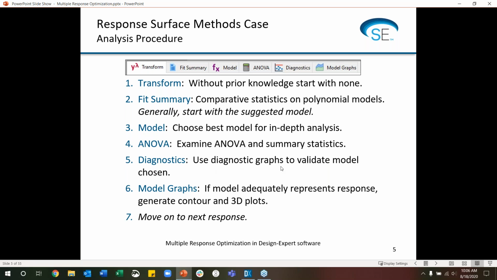I'm not going to cover diagnostics at all in this webinar, but that's not to say they're not important. The model graphs then will graphically show you how the response is being fit by that polynomial model. And so you repeat this process for each of the responses that you have.